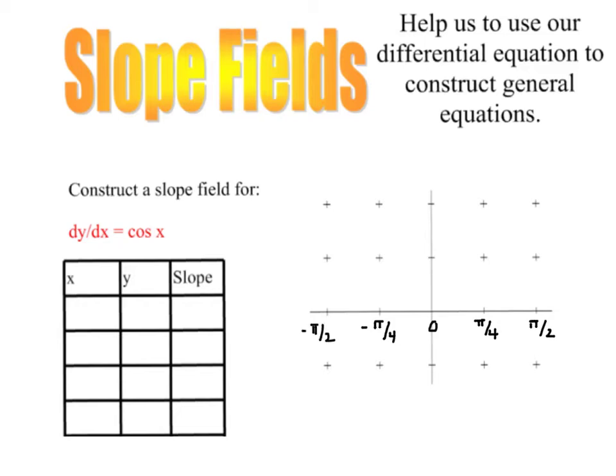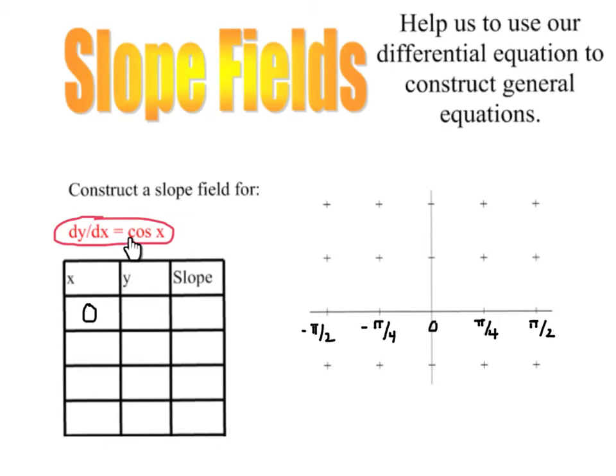Okay, now you'll notice the differential equation here is just the derivative is cosine x, and you're probably already thinking, well, then I know what the function is, but hold on for 1 second. When x is 0, the cosine of 0, and remember derivative means slope, so the cosine of 0 is 1.